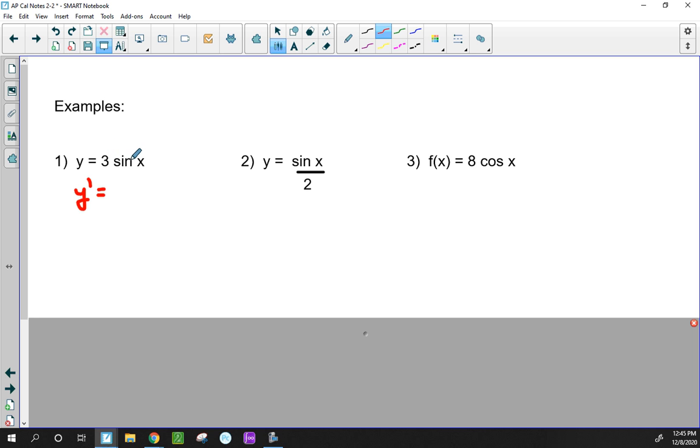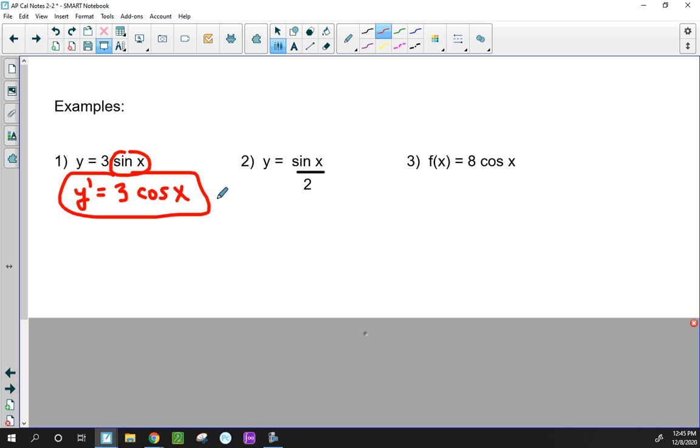You do not use the power rule, so you're not going to take this power of 1 and multiply it by 3. That's not how it works with a trig problem. When you have a coefficient, you just drop it down. And then you do the derivative of sine x, which from the last slide was cosine x. So we'll just bring it down as is, and that is your best answer.